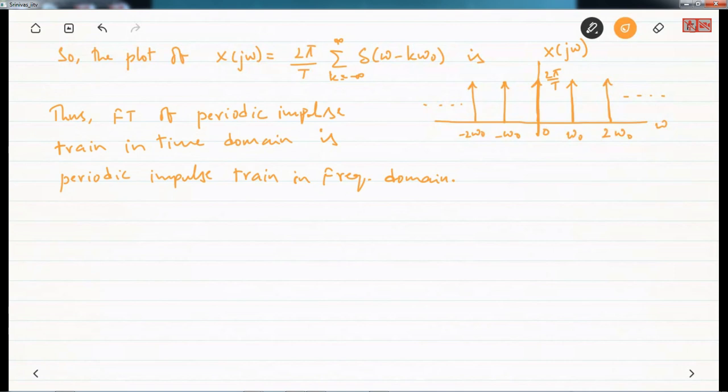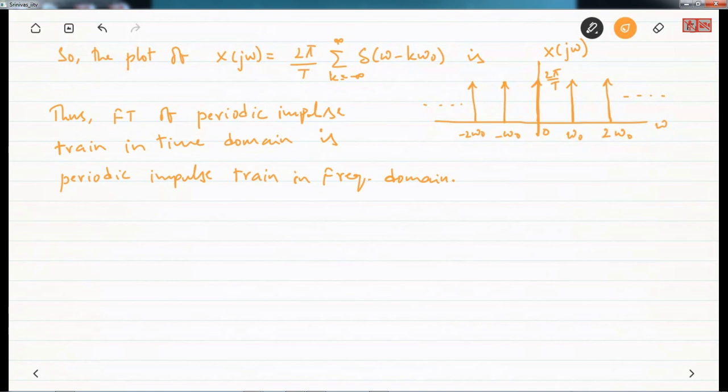When I find X of j omega, where omega is the angular frequency in radians per second, it is the same signal in the frequency domain. So x of t is the time domain signal, and X of j omega is the frequency domain signal.